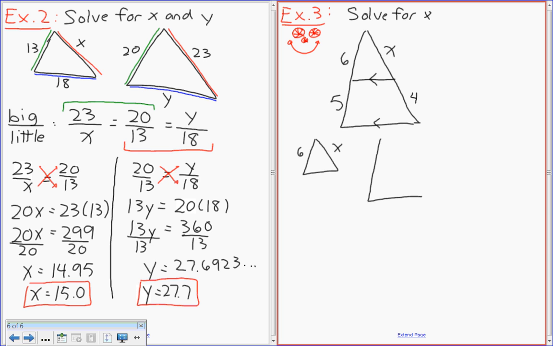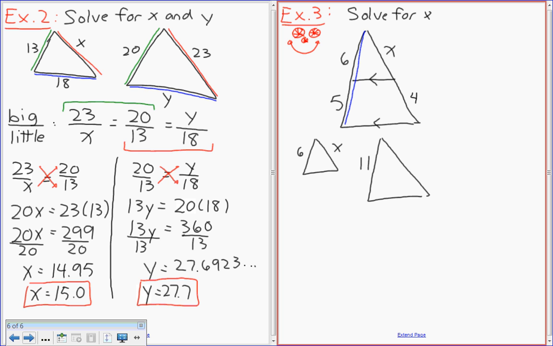Now I want somebody to be brave and to tell me what the big triangle is going to be. Somebody who has broad shoulders, and it's okay if they're wrong. All right, Caleb Cass, I'm picking on you. What's this whole entire left side going to be? Okay, good, that's going to be 11.